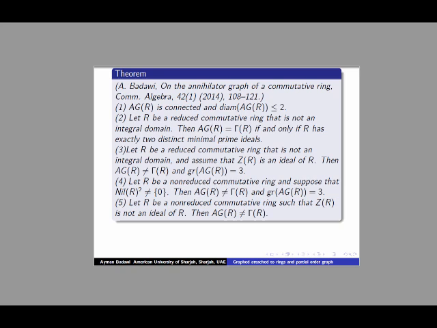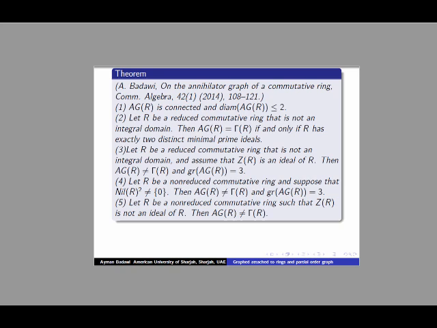Then these two graphs are not equal, the annihilator graph and the zero divisor graph, and the girth has to be 3. Okay?